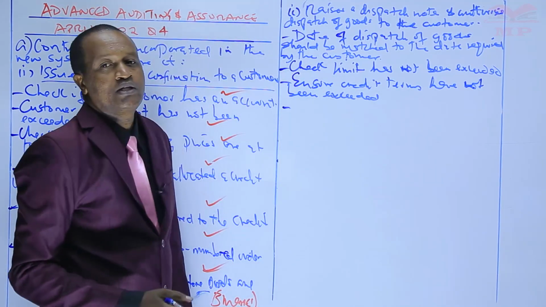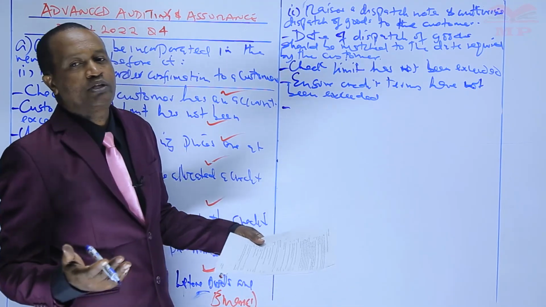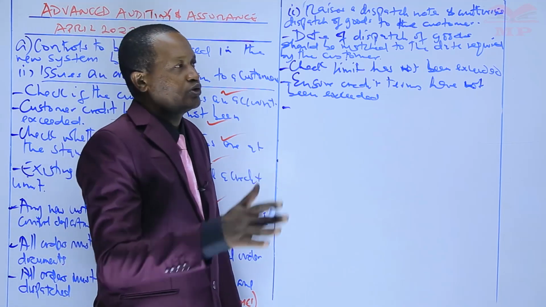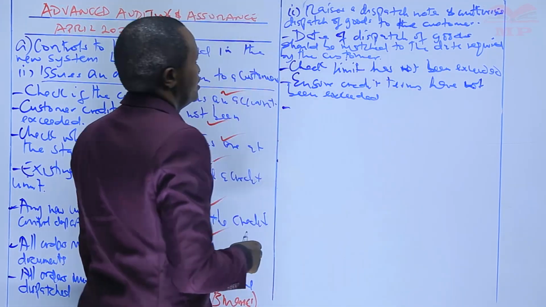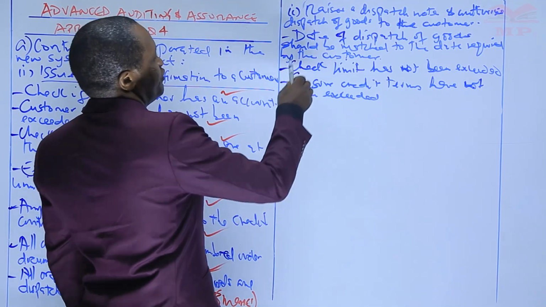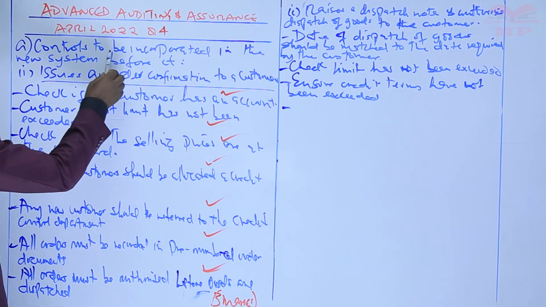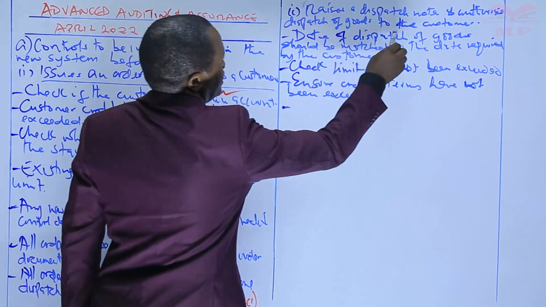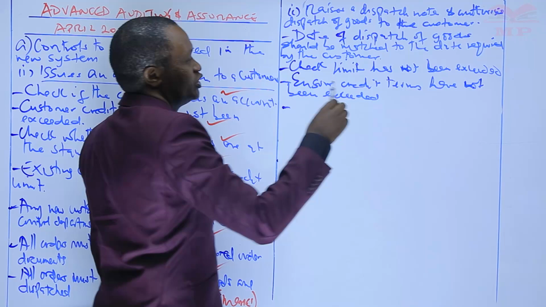Another control is in relation to the details to be shown on the dispatch note. Remember, we are discussing controls to be incorporated in the new system before it raises a dispatch note and authorizes dispatch of goods to the customer.